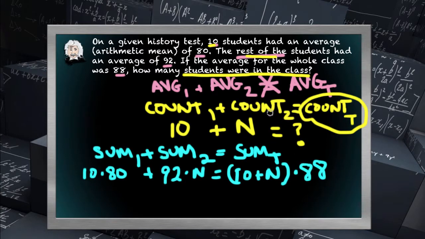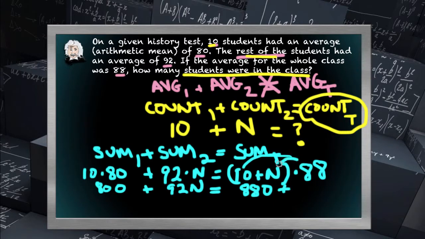At this point, we can solve for n and ultimately get our answer, which is the total count. So in this case, that's 800 plus 92n equals 880, and that's multiplying the 88 over to the 10, plus then multiply the 88 out to the n, 88n.